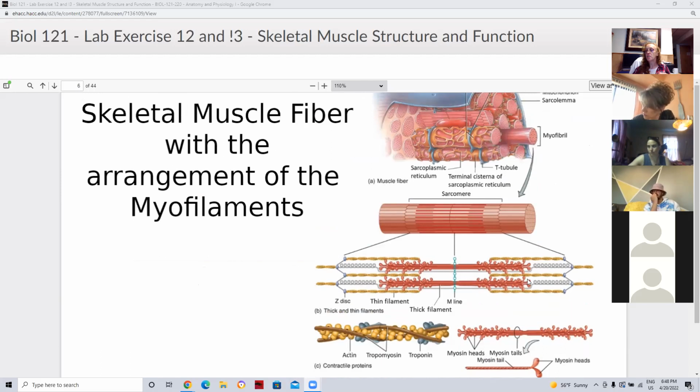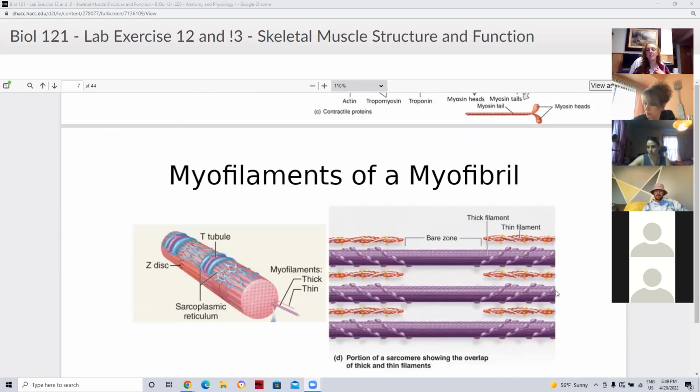And the result is that because the thin filaments are attached to the Z disc, and the thin filaments are moving towards the center and getting pulled towards the center, the distance between the Z discs is shortening. So the whole sarcomere is shortening. This is kind of clear, maybe. Okay, it'll become clearer as we go, if it's not.